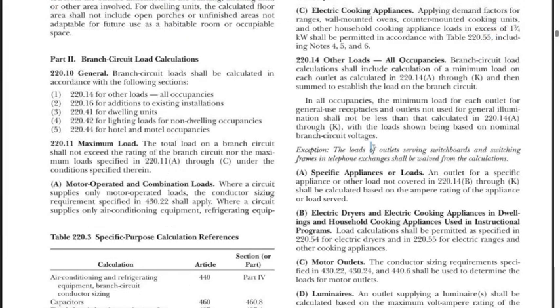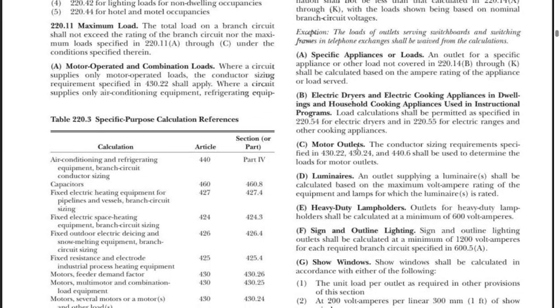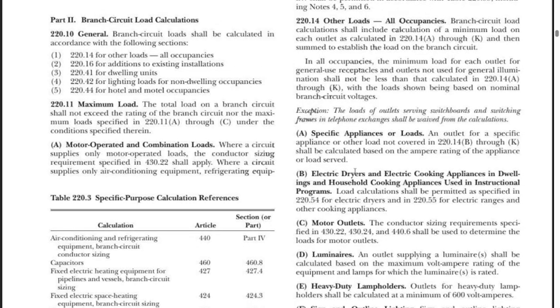We did look at it, but this was when we did 214 other loads, all occupancy other loads. And then we got into all these other little factors of other loads. So we'd simply go with the nameplate rating on those and make no changes to them.